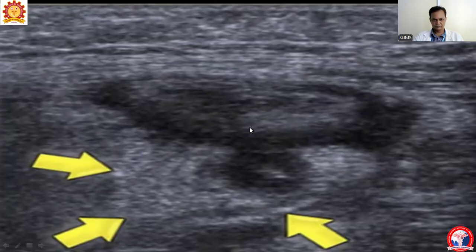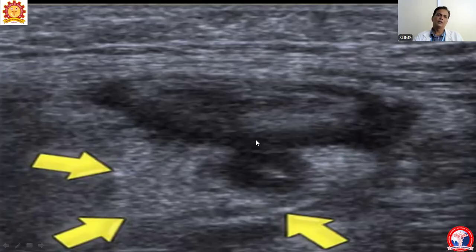Here, this is a bowel loop. This is the lumen of the bowel loop, the cecum. The wall of the cecum is uniformly hypoechoic, and this hypoechoic wall is thin. Adjacent to it is an outpouching.